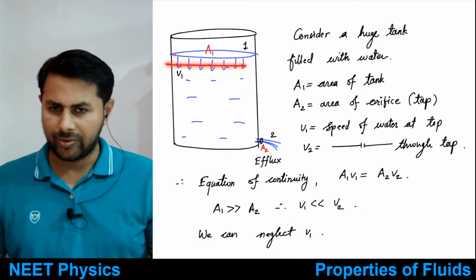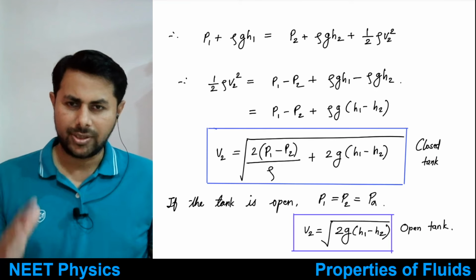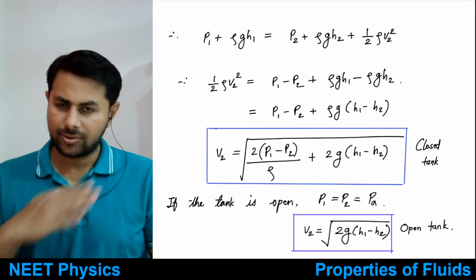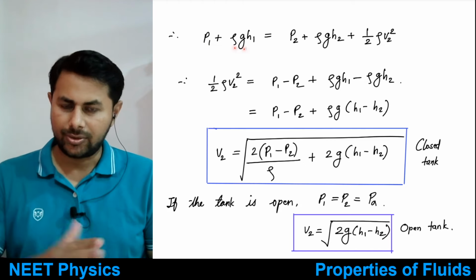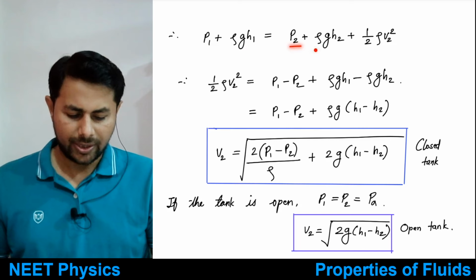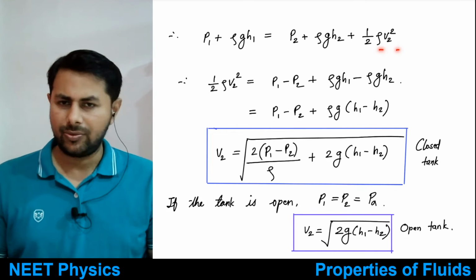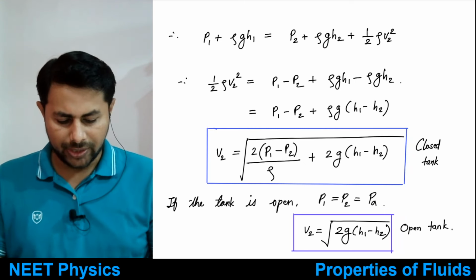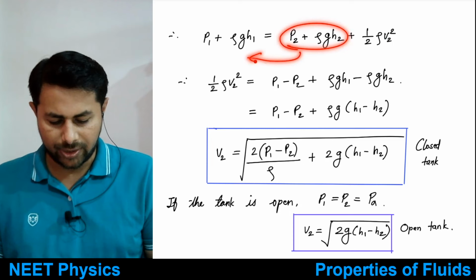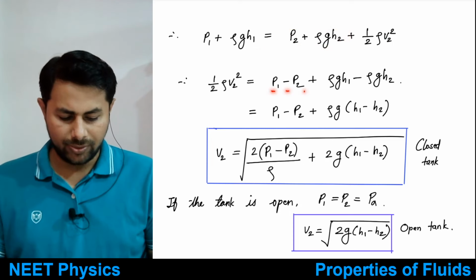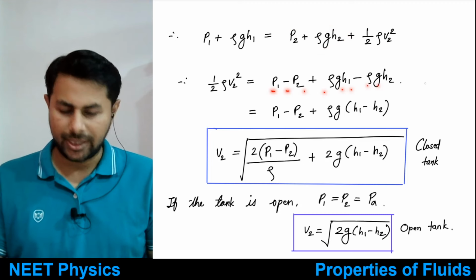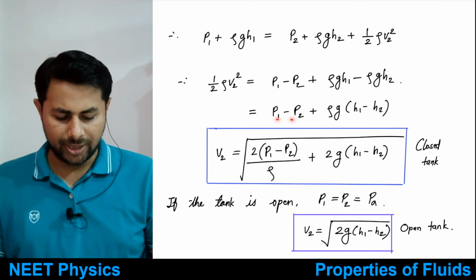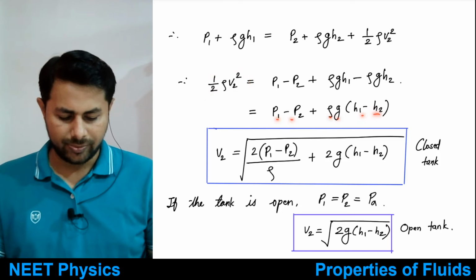We neglect V1, and then we write Bernoulli's theorem: P1 plus half rho V1 square, which we neglected, plus rho g h1 is equal to P2 plus rho g h2 plus half rho V2 square, right? And then next what you can do is move these two terms to this side. So what you get is P1 minus P2 plus rho g H1 minus H2 is half of rho times V2 square.